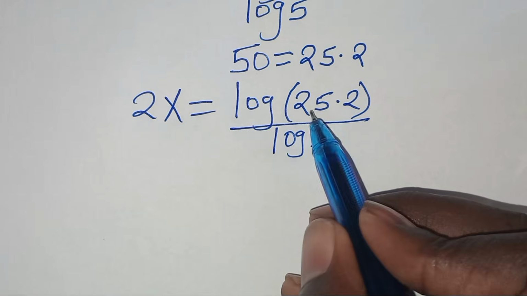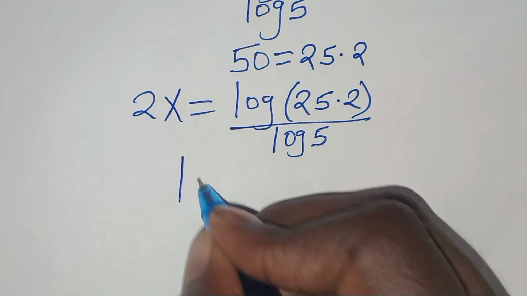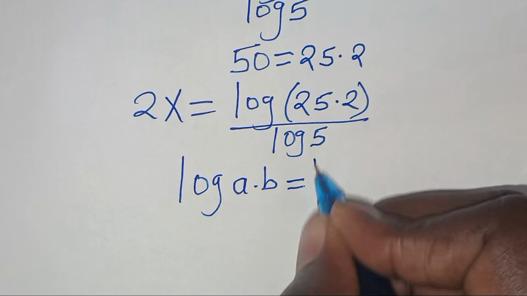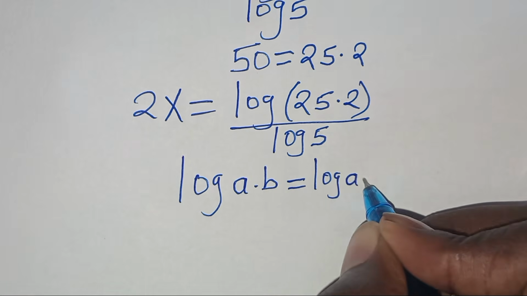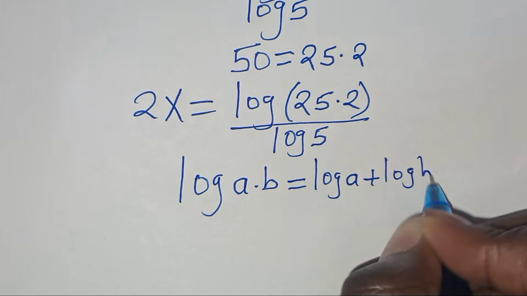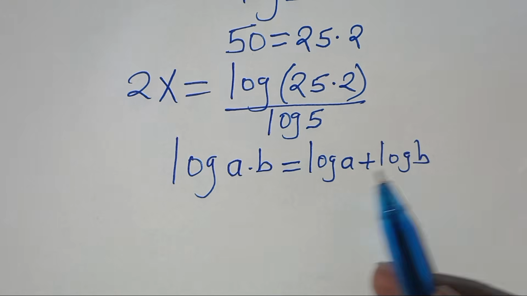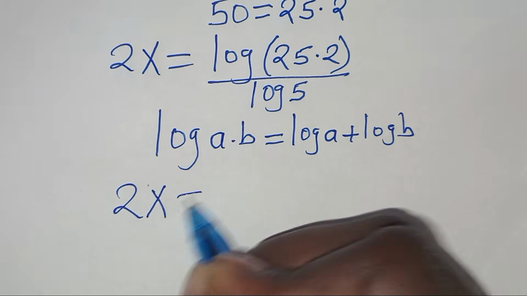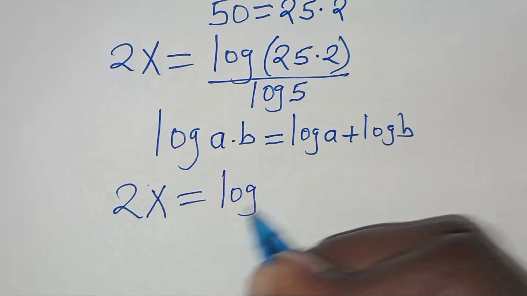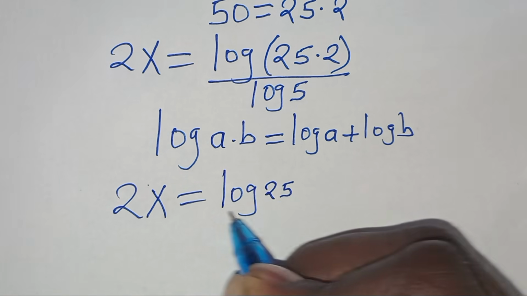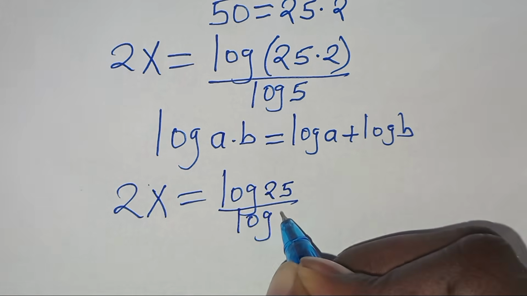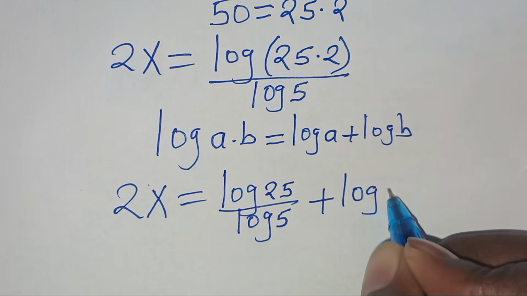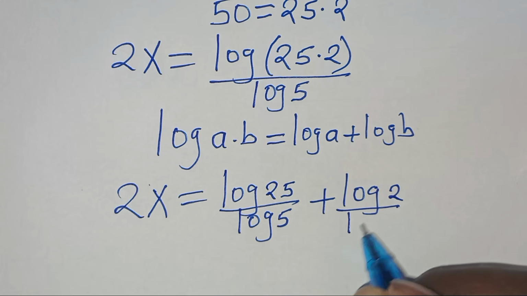So we have log 25 times 2. This is in the form of log a multiplied by b, which we can express as log a plus log b. Applying this logarithm property, we have 2x equal to log 25 divided by log 5, plus log 2 divided by log 5.